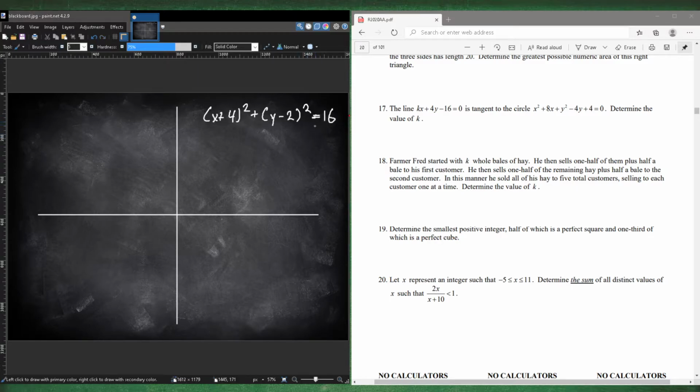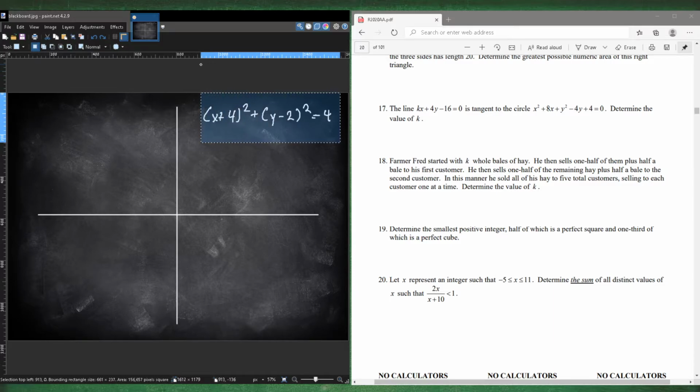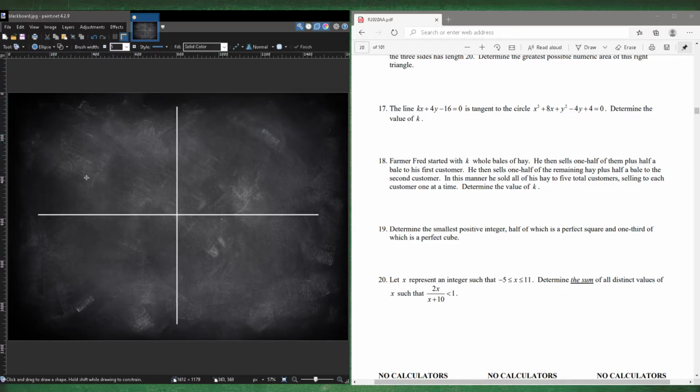So basically, we know that the radius has got to be 4 because that's 16, which is 4 squared. So that means our center is at (negative 4, 2) and it has a radius of 4. So it's some kind of circle like this. Let's delete it and I'll make a better circle so we could visualize it better.